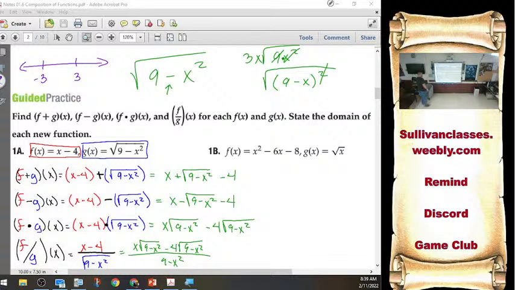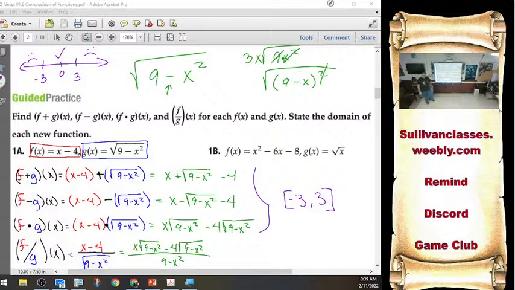So, pick numbers. What if I picked 0? 0 is legal. What if I picked 4? It does not work. So that means the domain for all 3 of these is going to be from -3 to 3.